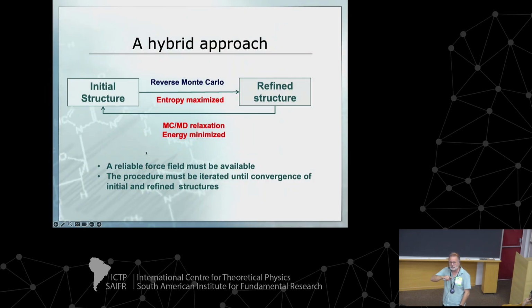And in this way, you get a system in which both things are satisfied, right? Both criteria. Problem here, you need a reliable force field, not always available. And you have to iterate the procedure until the whole thing converges.